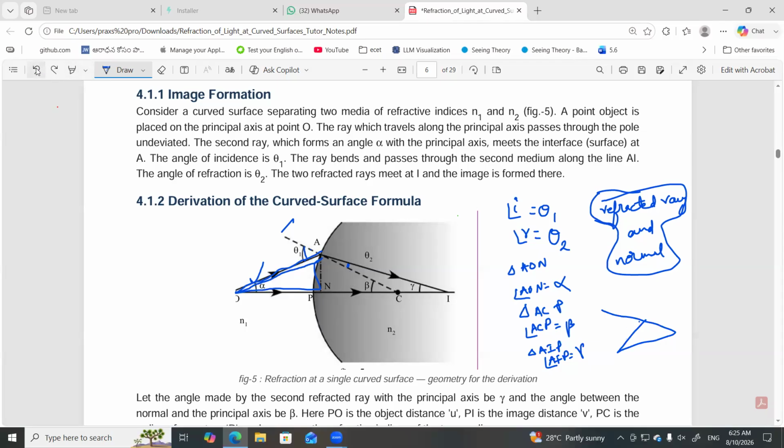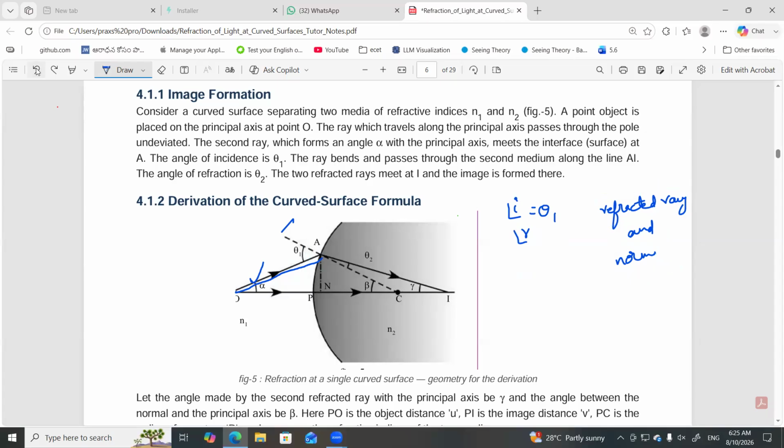Here theta 1 and theta 2 are exterior angles. Theta 1 is the exterior angle for triangle AOC.